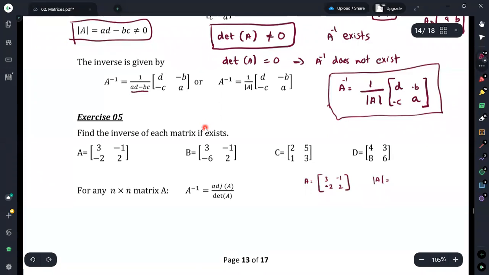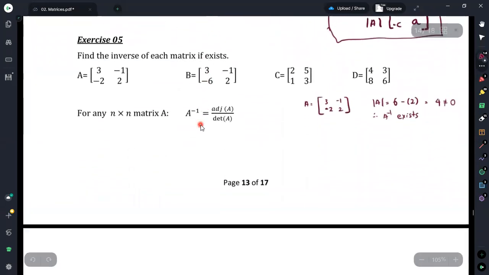The determinant is 3 times 2, which is 6, minus minus 2 times minus 1, which is plus 2, so 6 minus 2 is 4. Now you can see that this is a value which is not equal to 0. Therefore, A inverse exists, and since it exists, we can move on to the calculation.